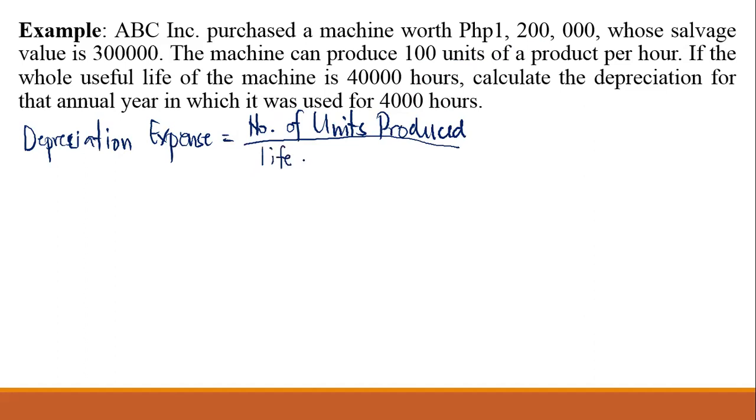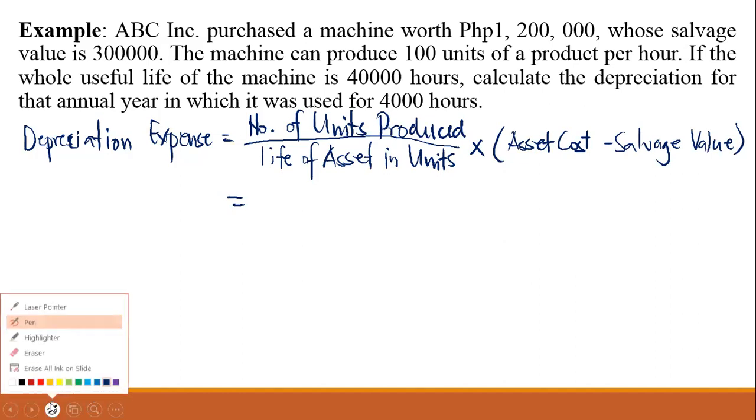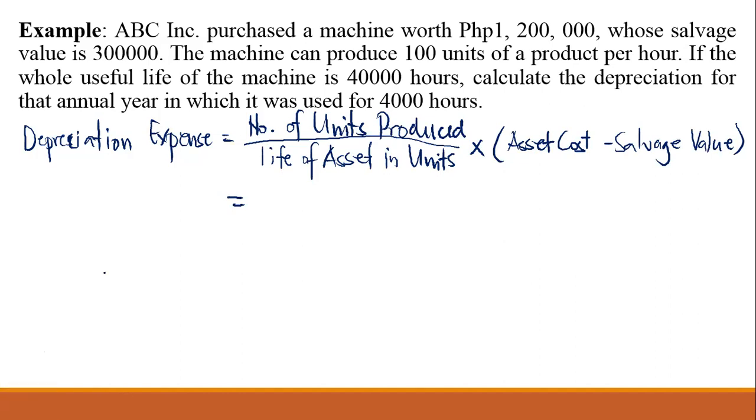So this is over the life of asset, okay? Life of asset in units times yung difference ng asset cost. So ano ba yung asset cost natin? And the salvage value. So given na yung salvage value ng machine, which is 300,000. Okay? So substitute lang natin yung mga value.